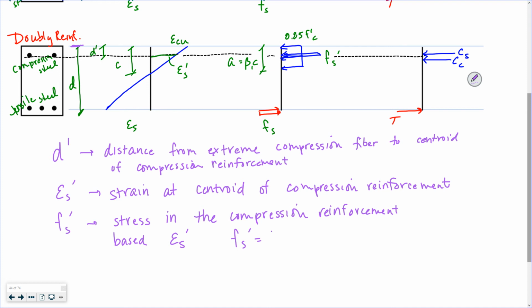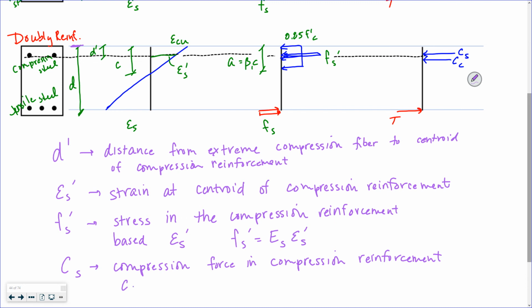So Fs prime is equal to the modulus of elasticity of steel times the strain in the compression reinforcement. And we have Cs, where we're going to resolve that stress into a force. It is equal to Fs prime times As prime.